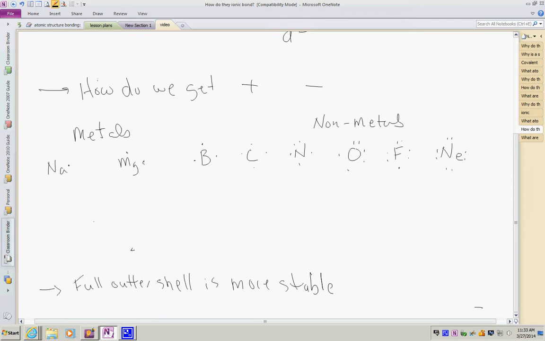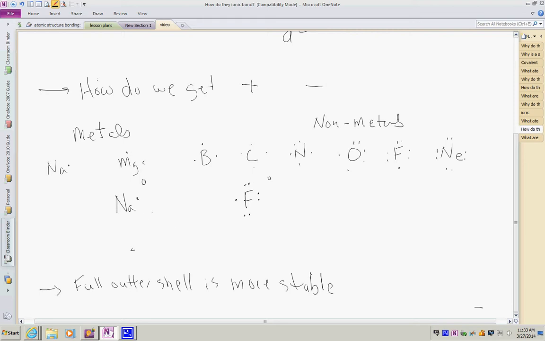Now it turns out that for covalent compounds, they'll share to fill the outer shell, but in this case, we are simply going to have a transfer of electrons. If we have, let's say, sodium, which has one valence electron and is neutral, and then we have fluorine, which has 7 valence electrons and is in fact neutral, neither of them are stable.